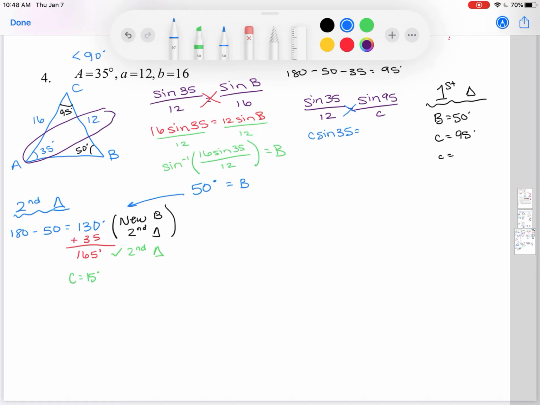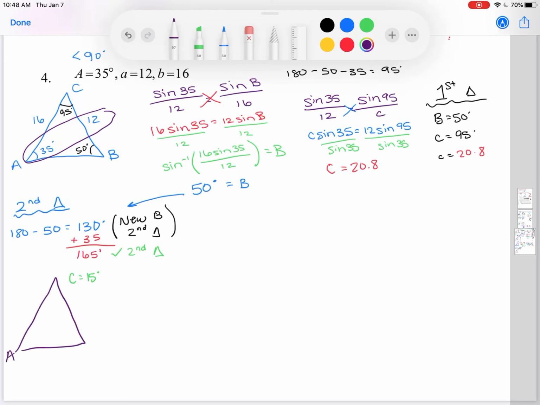Cross multiply. Divide both sides by sine 35. When I do that, my little c rounded to the nearest tenth becomes 20.8.